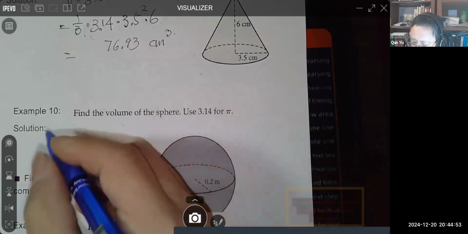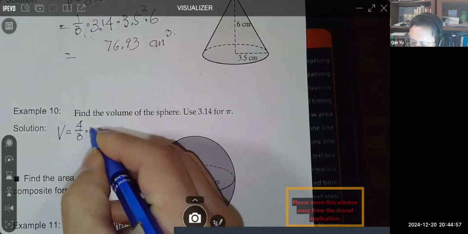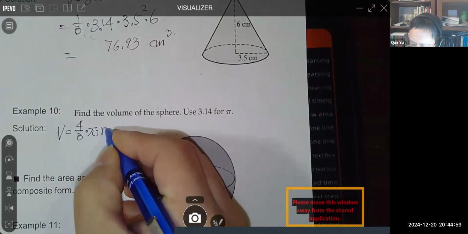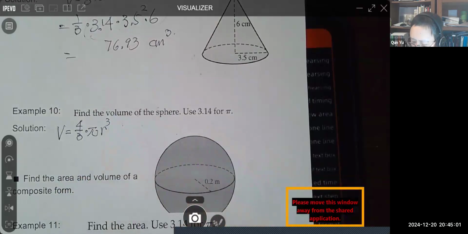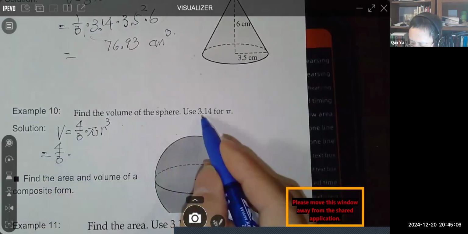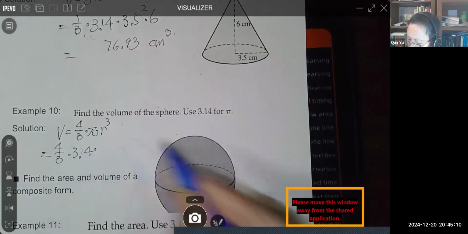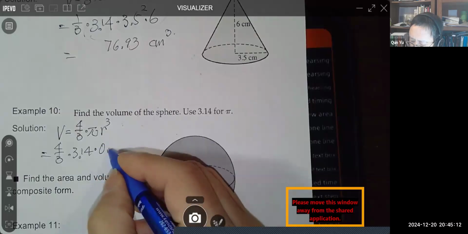And the formula for the volume of sphere is 4/3 times pi r cube. And that's all. So 4/3 times, using 3.14 for the pi. What is r? R is 0.2 meters.